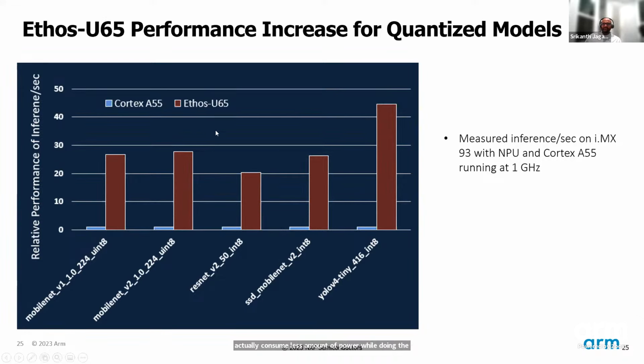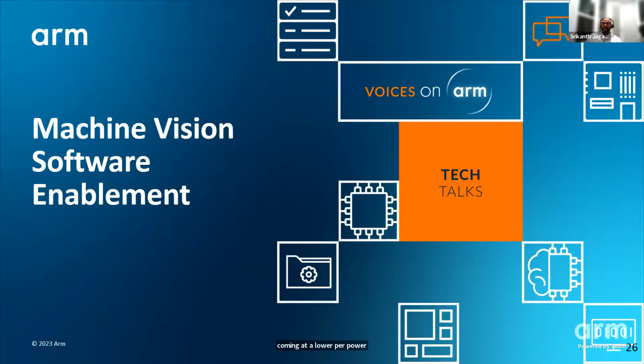So Ethos-U65 provides better performance as well as coming at a lower power. That's very critical for a lot of our customers.